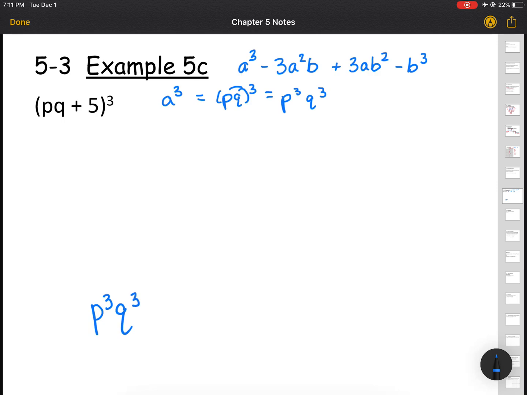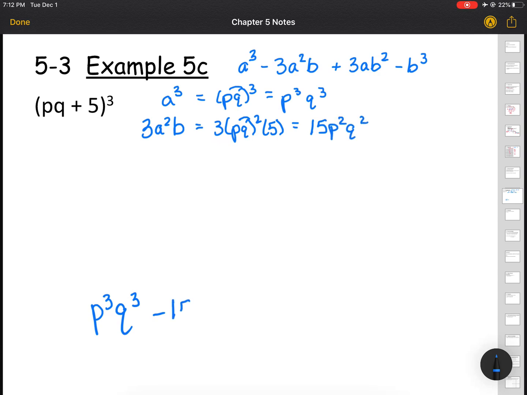Then subtract our 3a squared b, so 3pq, that was our first term, squared, and then times our second term of 5. So that is going to be 15. Remember that squared gets distributed to both of them, p squared, q squared.